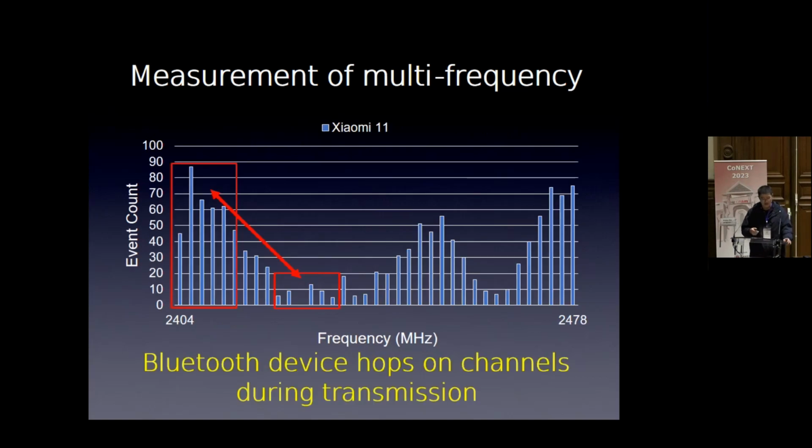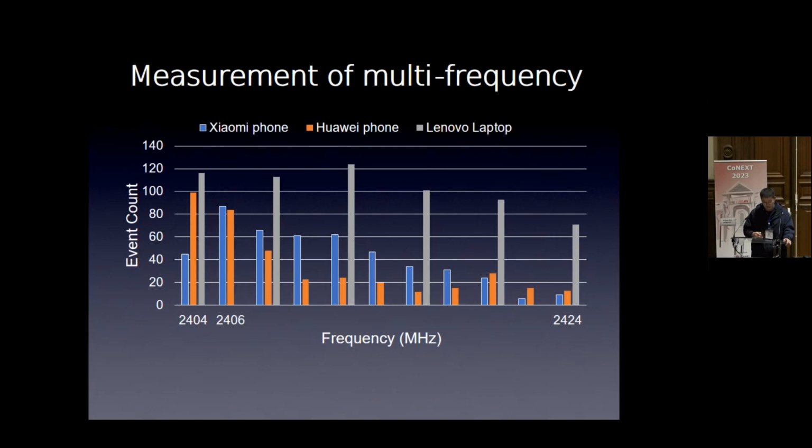The question is, do all devices have the same hopping pattern? The answer is no. The hopping pattern is also diverse among different devices. As shown in the first and second channel of this particular case, we can see that devices have different transmission preferences.